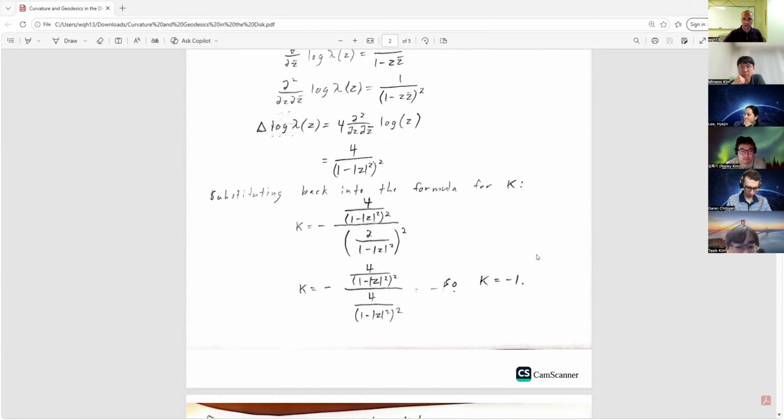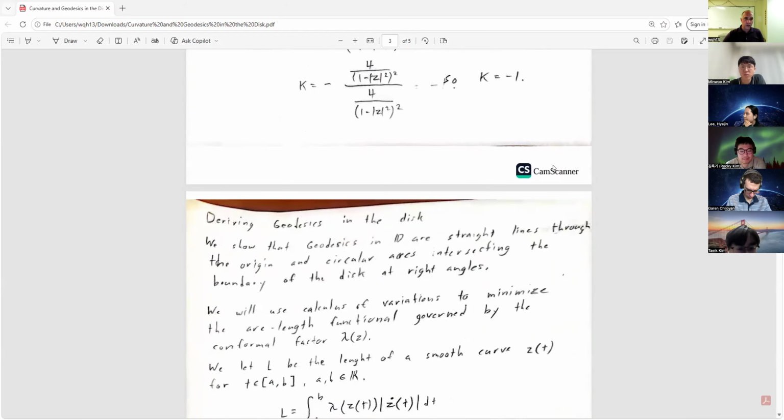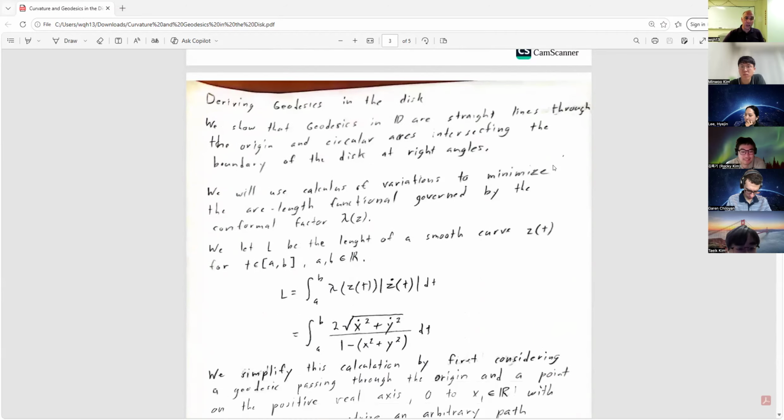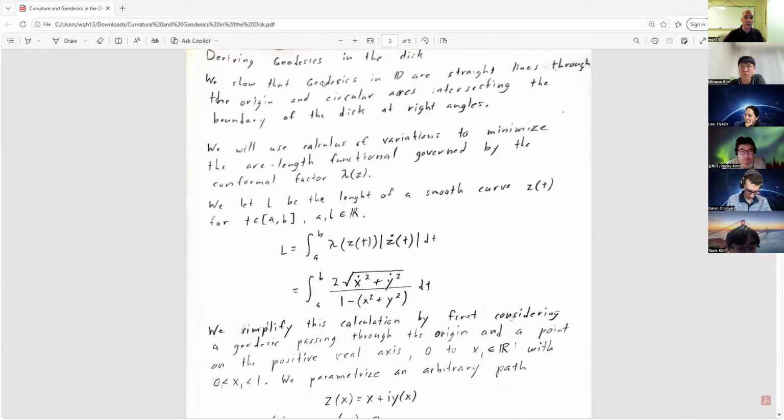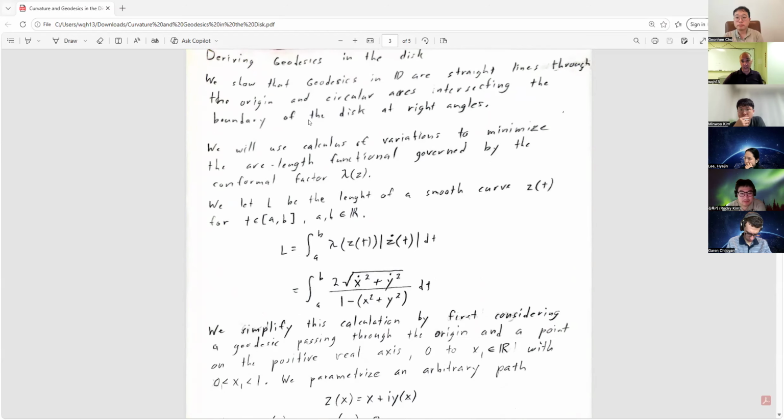All right. So then the other claim I made is that geodesics in D are straight lines through the origin and circular arcs intersecting the boundary at right angles.